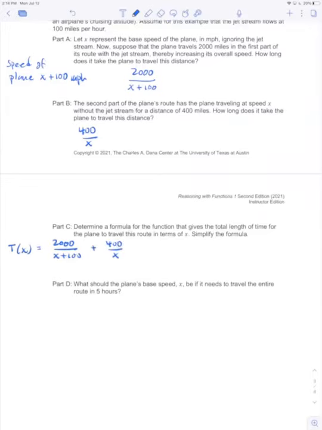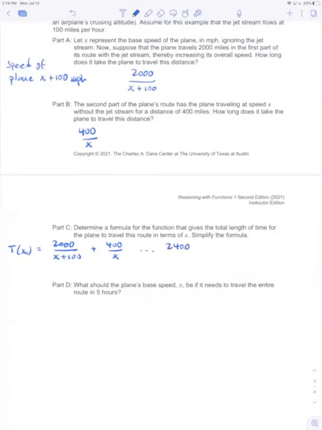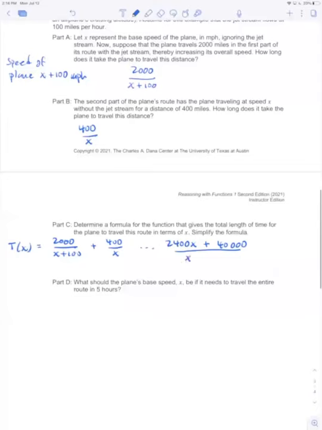And if we simplify this, we'd end up with 2,400x plus 40,000 for the numerator, and then x times x plus 100 for the denominator.